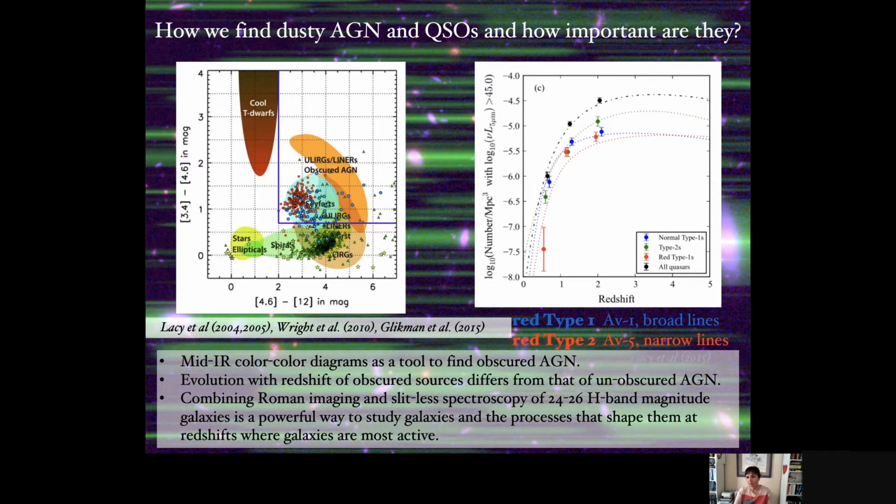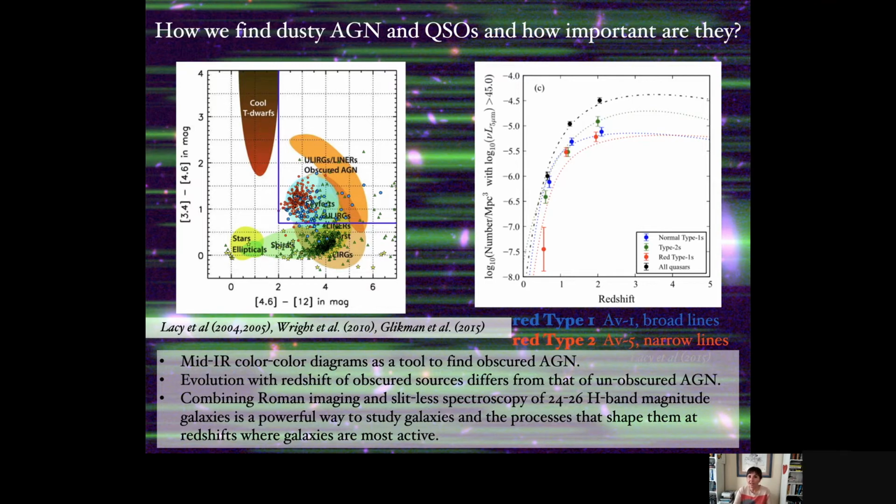And not only that, but at higher redshift, we seem to see that the evolution of obscured red type 1s and type 2s may differ from those of normal unobscured type 1s and all quasars in general.